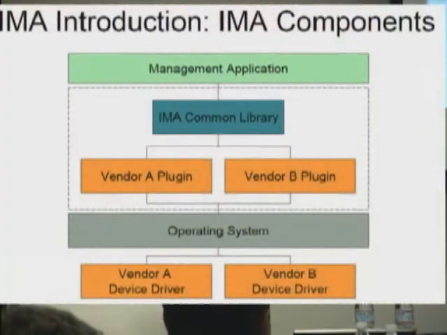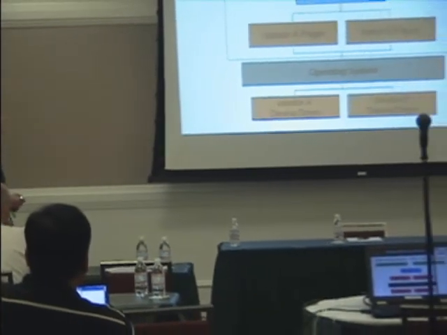Okay, here's a component diagram for IMA. You can see the common library that I mentioned, and then this just shows a couple of vendor plugins. Each of these vendor plugins would present objects. The common library aggregates those objects and presents them through a common API to the clients.